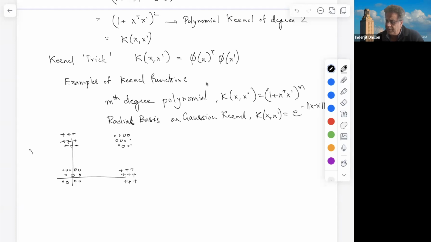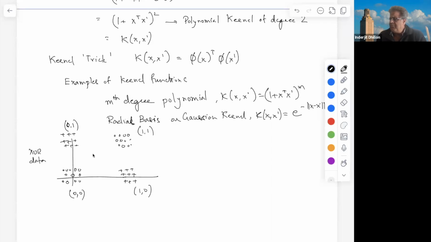This is called the XOR data because if I look at the coordinates, this is 0, 0, this is 0, 1, this is 1, 1, and this is 1, 0. Basically 0 XOR 1 is class 1, 1 XOR 0 is class 1, 0 XOR 0 is class 0, 1 XOR 1 is class 0, right? And you can obviously see that there is really no linear separability over here, okay?